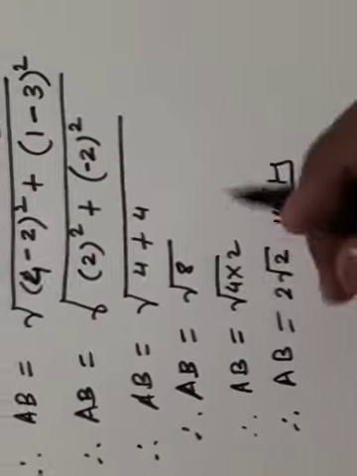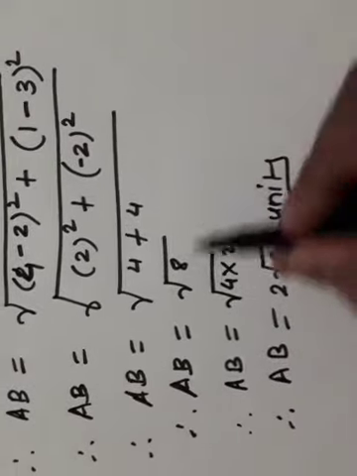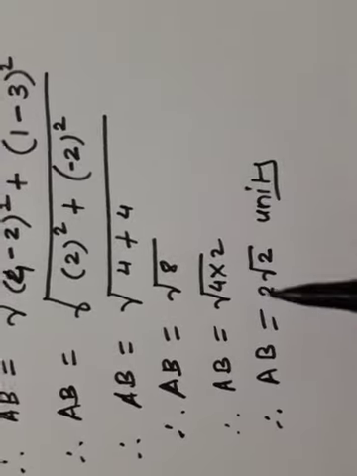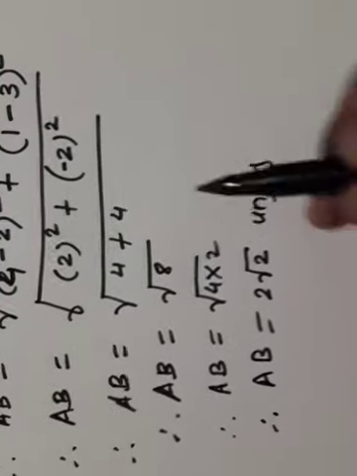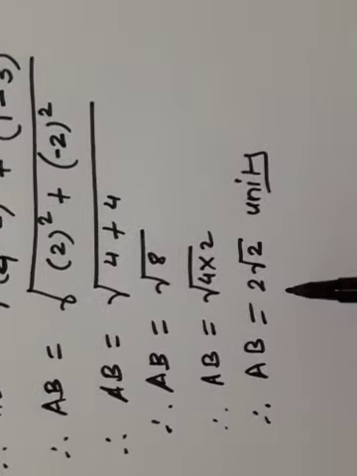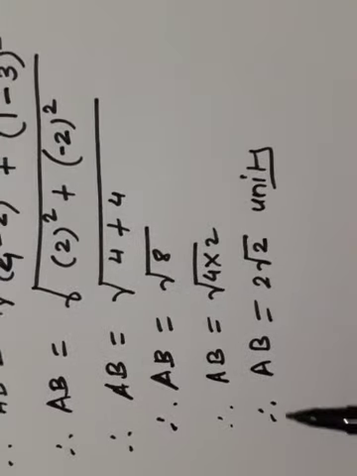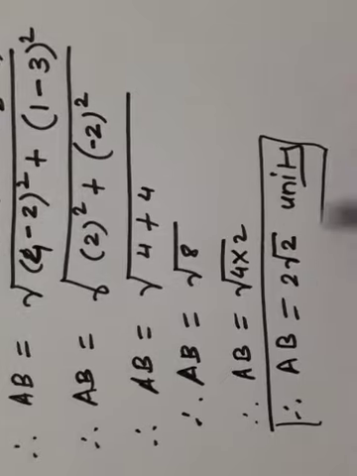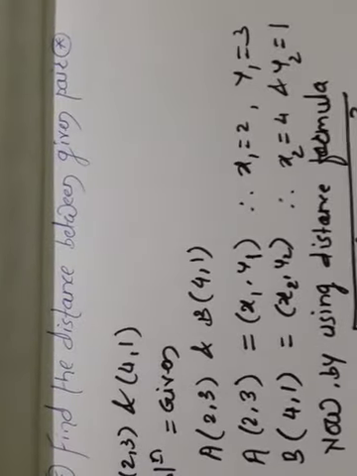While finding the factors, I told you one thing: among those factors one must be a perfect square, so that at least we can take it outside of the square root sign. I have taken here 2 root 2. That is the way of finding the distance between the 2 points, or between the given pair. I have written it on a separate page also, I will show you once again.